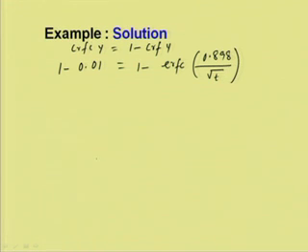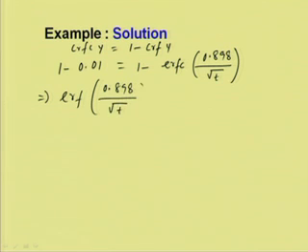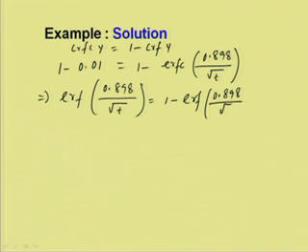From this, we can write erf of 0.898 divided by root over t is equal to 0.99.